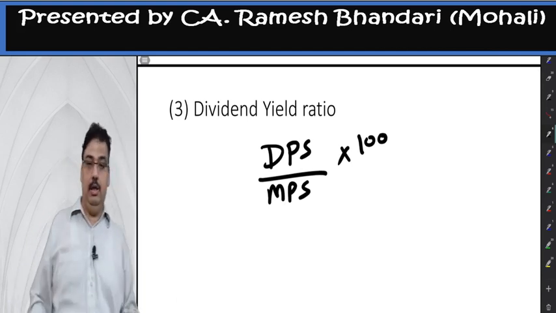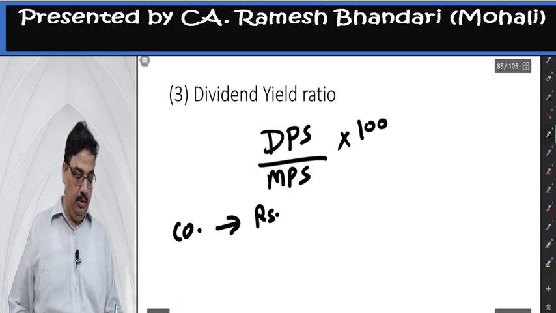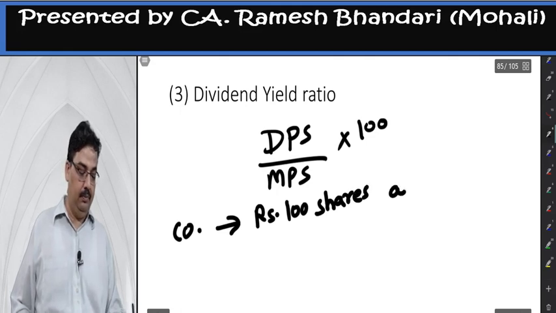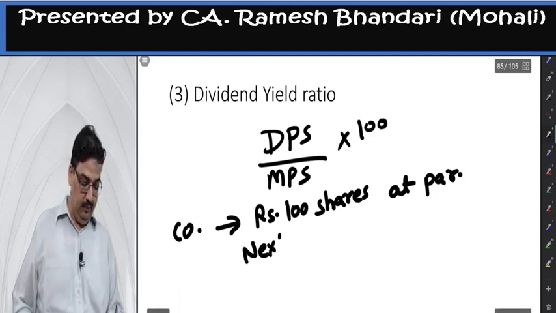Now try to understand. A company is there. They issued rupees 100 shares at par. Next year, they give a dividend of 30 per share.